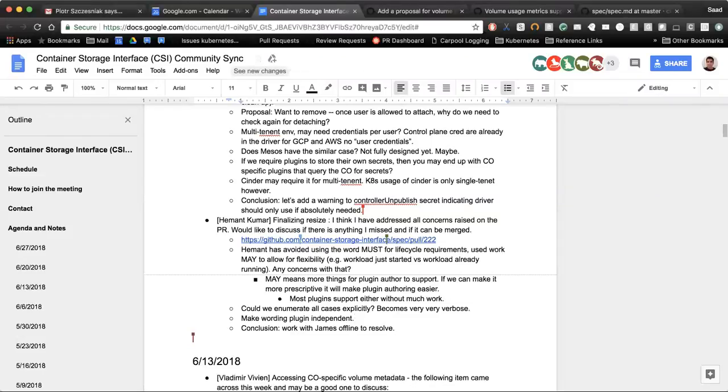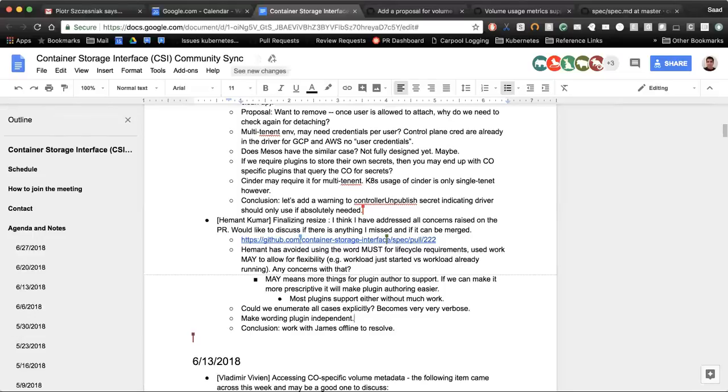We need to focus on concrete use cases and use those to define our language. So let's set up another small meeting. Feel free to pull me into that, Hemant, as well. And it sounds like Chang is also interested. If anybody else is interested, ping Hemant, and he'll pull you into a meeting, and then we can work on revising the wording and come up with something that hopefully we all agree on.